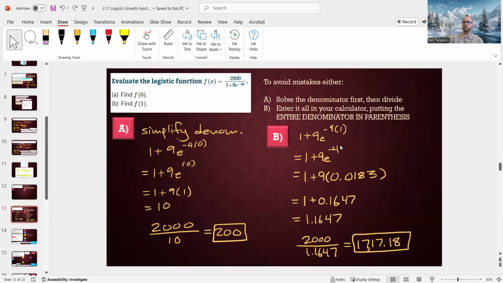E to the -4, well, I went ahead and worked that out on my calculator. If you wanted to instead, you could plug in this entire function with that 1 in there, and as long as you typed it in correctly, you'll get the right answer. But I just went ahead and then multiplied that, added those, following our order of operations, and then brought that numerator back. If you feel like you'll forget the numerator, then leave it. Don't take it away.